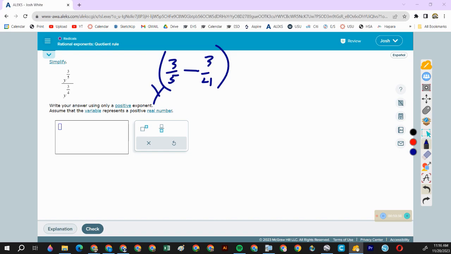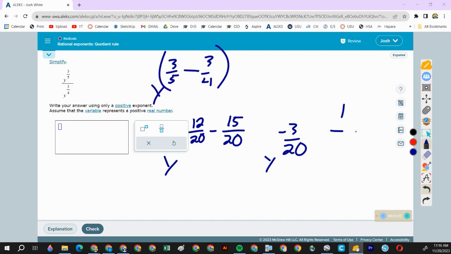So common denominator is 20. So 12 over 20 minus 15 over 20. Oh, I didn't see this coming. So that's y to the negative 3 over 20. Yeah, I don't want negative exponents.